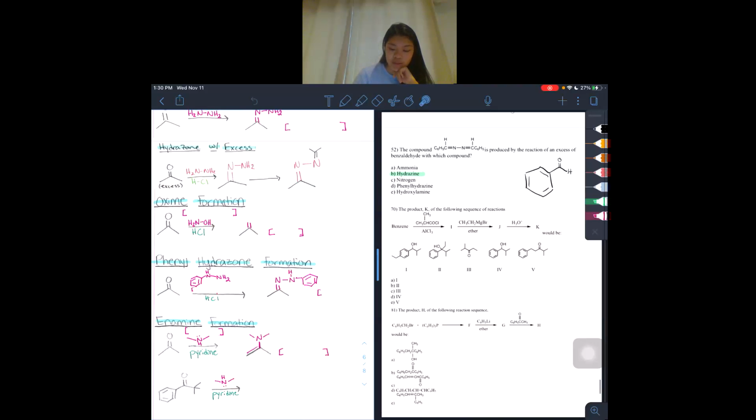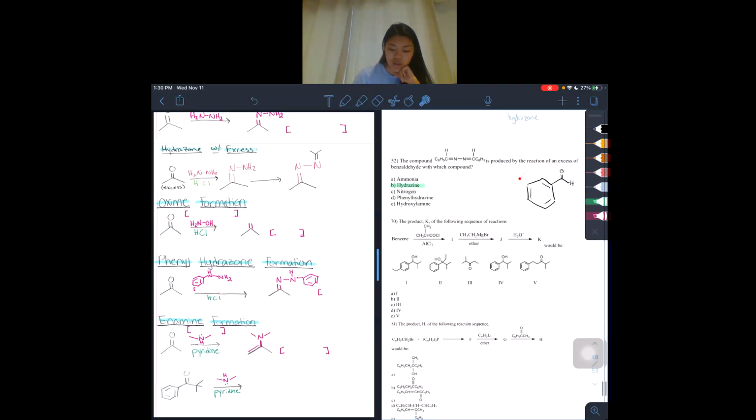And that is what we were doing here. We started out with the benzaldehyde. We had excess of this benzaldehyde. So basically, our first product ended up being this, a nitrogen with an NH2.